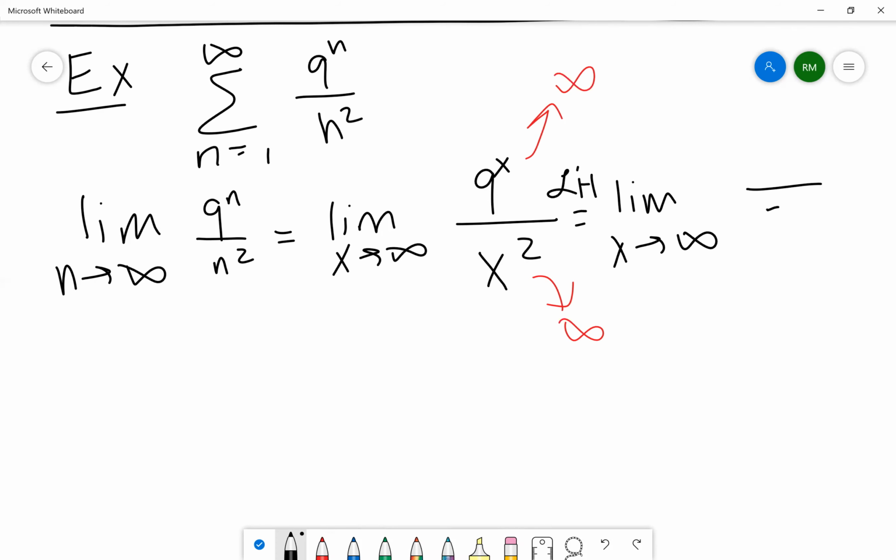And we get 2x in the denominator, and we get the natural log of 9 times 9 to the x in the numerator. Well, the denominator is still going to infinity, and the numerator is still going to infinity, so we need to use L'Hopital's rule again.